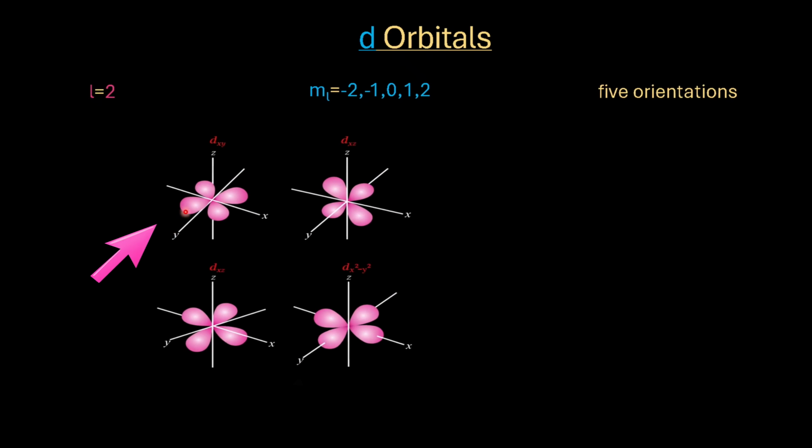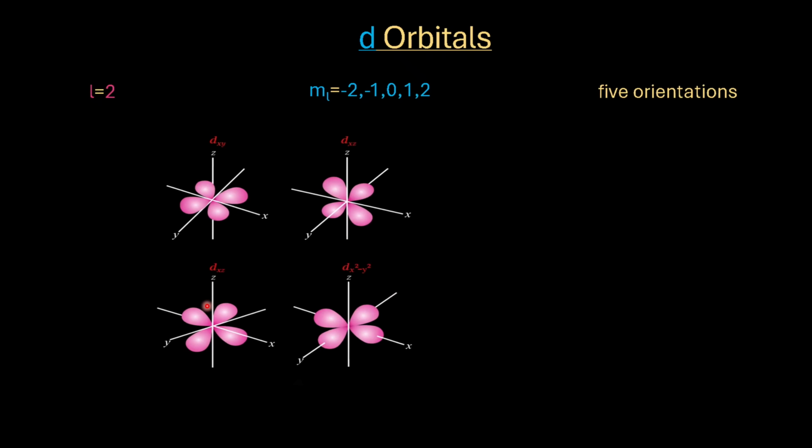The first one is the dxy. The 4 lobes are present in between the x-axis and y-axis. In the case of dxz, the lobes are present in between the x-axis and z-axis. In the case of dyz, the lobes are present in between the y-axis and z-axis.